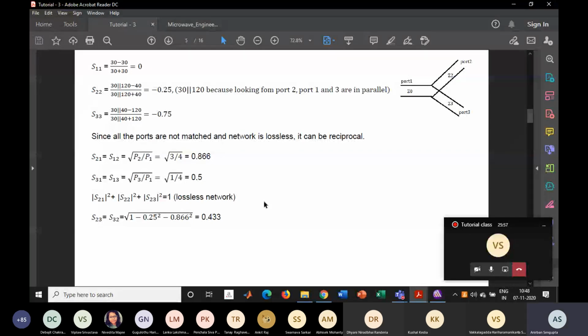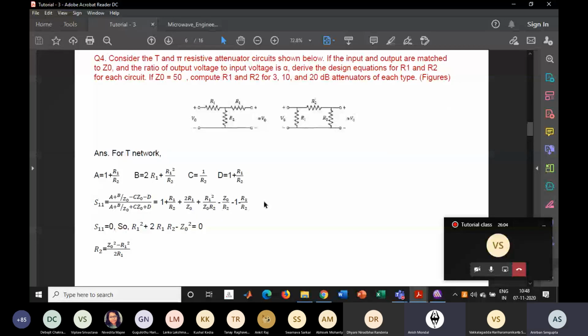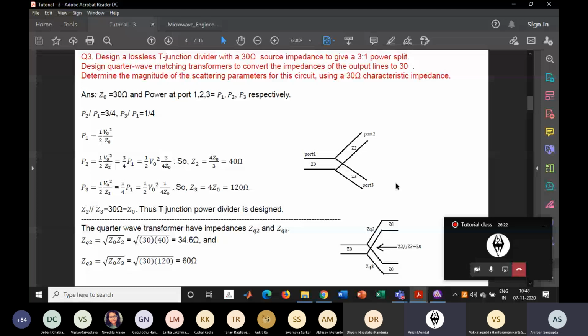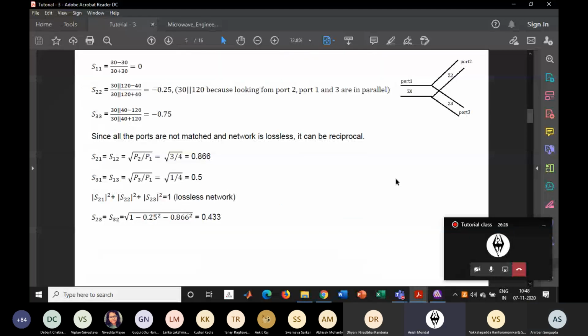Sir, I have a doubt in the third one. Yeah, tell me. Sir, if we look into port 2 in the previous question, we see that there is a load at the end, which is 30 ohm parallel 120 ohm. If we look into port 2 without adding the transformer, at the end of the port there is a load of 30 ohm parallel 120 ohm.